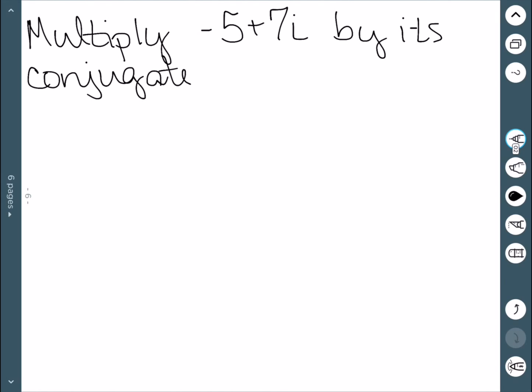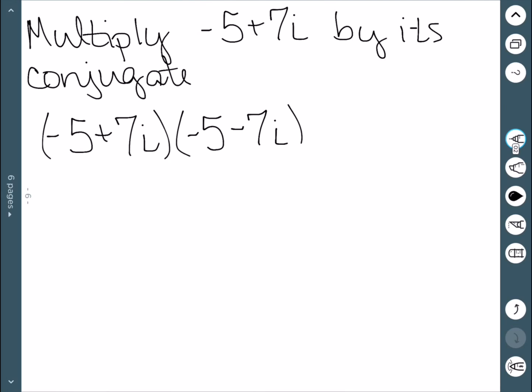We'll do this example where we want to multiply -5 plus 7i by its conjugate. Like we said in the last one, -5 plus 7i has a conjugate of -5 minus 7i. It just comes from changing the sign on the imaginary part. Now we can FOIL. -5 times -5 is 25. My outside two terms, -5 times -7i, would be plus 35i.